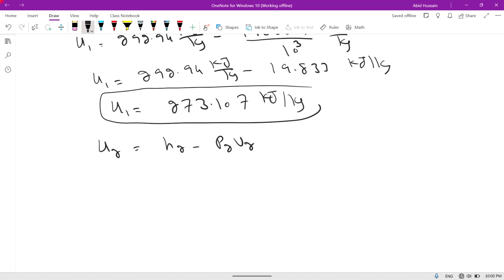First we find h2, as h2 is equal to hf, since state 2 is in the wet region, plus x times hg minus hf.